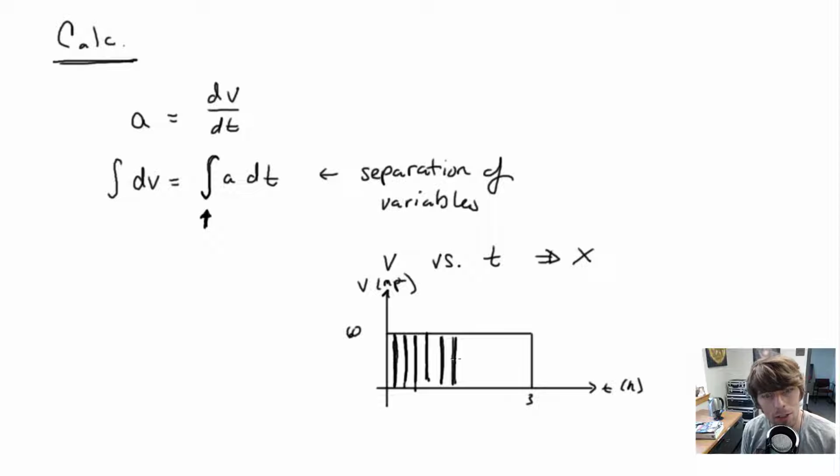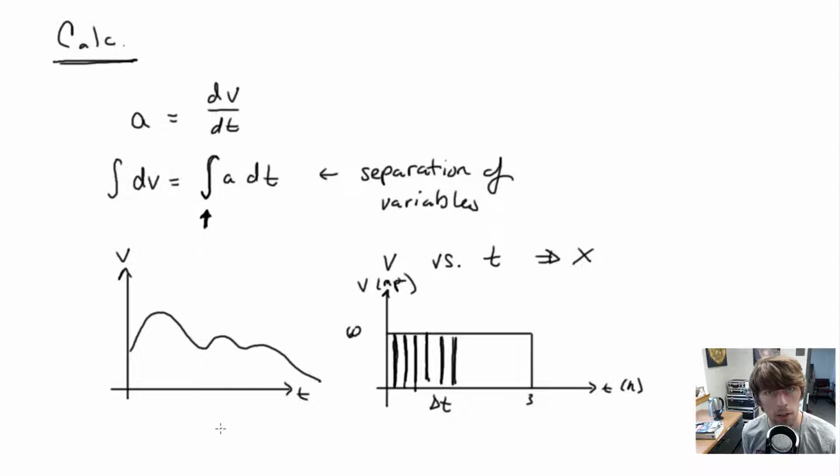Why are we chunking it up into really small delta t's? That goes back to the last video. This is for a constant velocity, but if you have some non-constant velocity, say something like this, how do you actually do it? Well, we've talked about it.